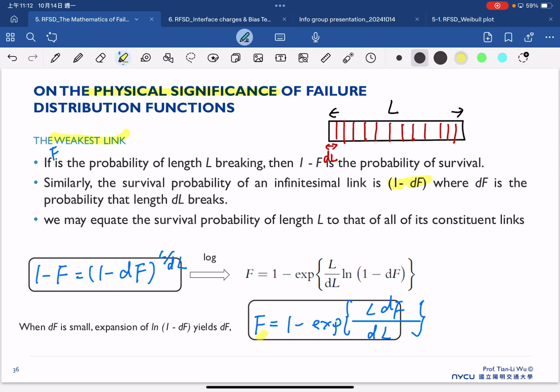This relates the probability of the whole length to the probability of the small length versus the small length. So that's the equation we have so far.